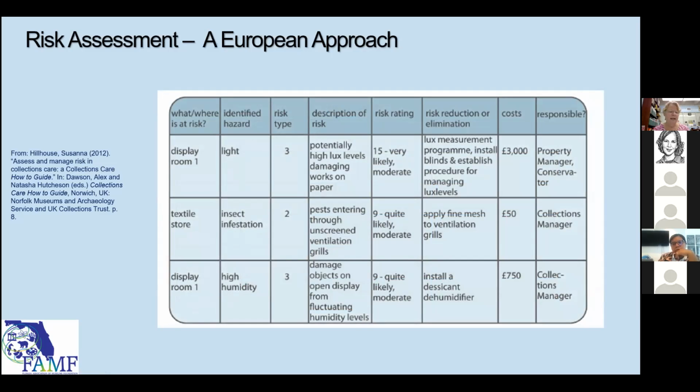For complex risks or high-cost projects, more in-depth assessments of the cost and benefits of the mitigation action can be carried out. This might involve researching several risk reduction strategies, pricing them, and trying to gauge their likely effectiveness before deciding on a final recommendation. I'd just like to remind you that this is from an English publication, so the costs in this table are in pounds.